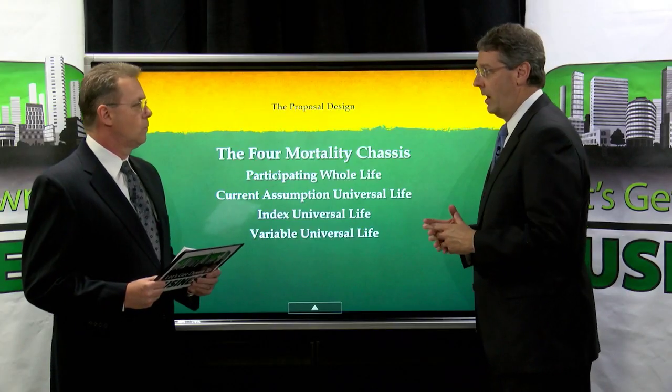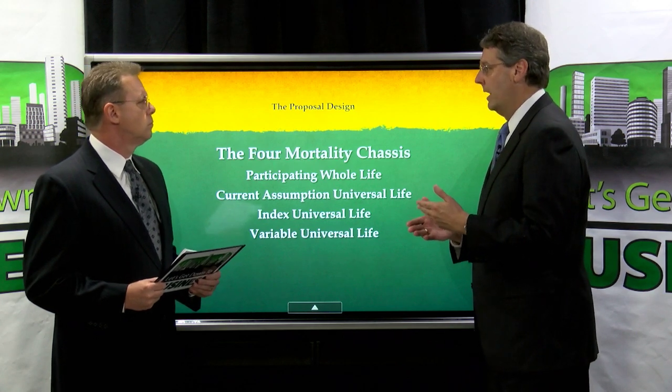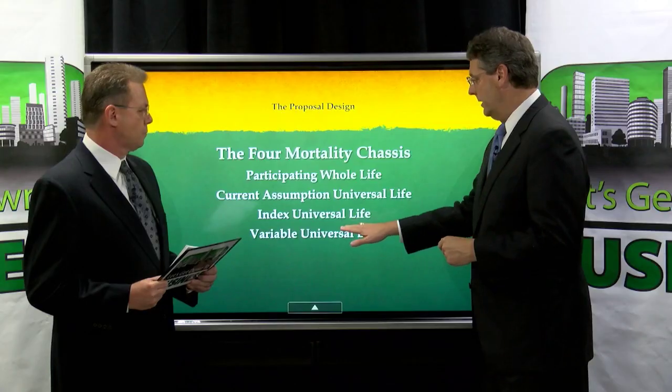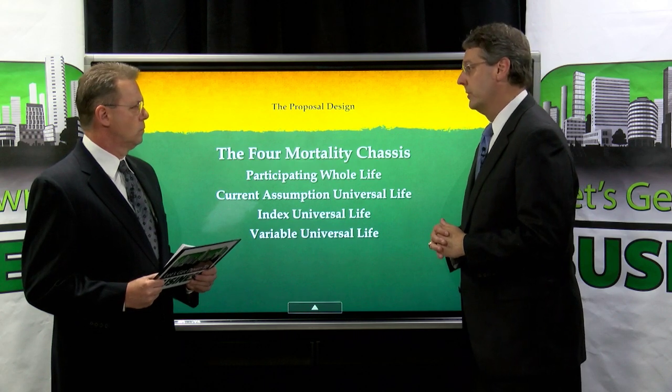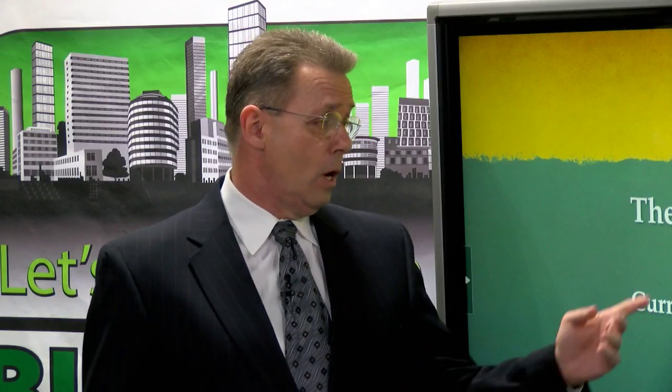But the index option is also growing in popularity because there are so many uncapped indices that started out on the annuity side, transitioning over onto the life side right now, where you can take a small spread and have unlimited upside potential. It gives you a great opportunity to have stock market type returns, but without any downside risk year over year. Keep in mind, again, one of these 4, I don't know which one it'll be. Once I do the risk tolerance test, I'll have a pretty good idea.